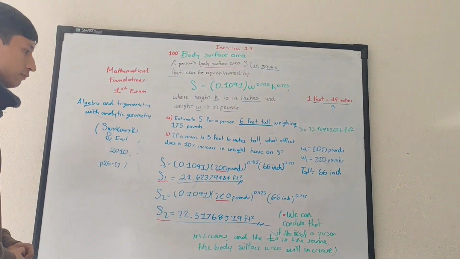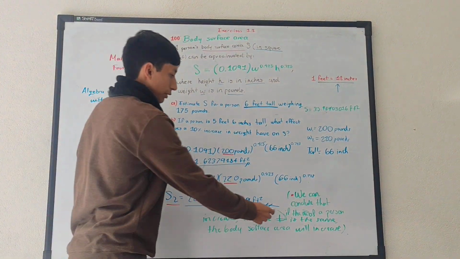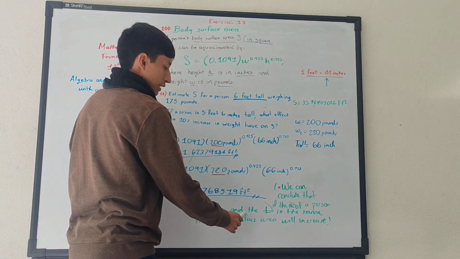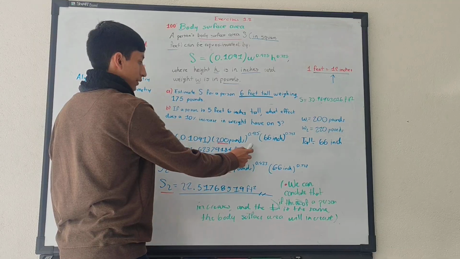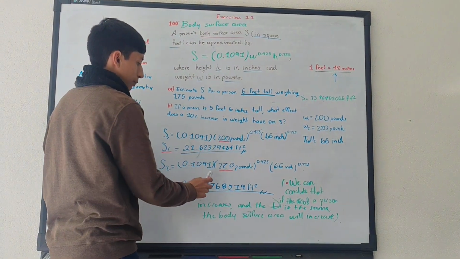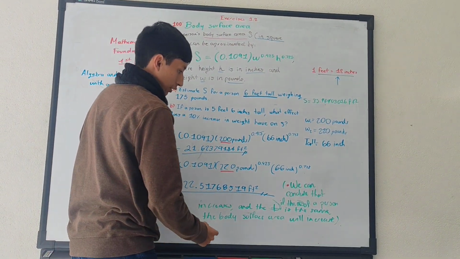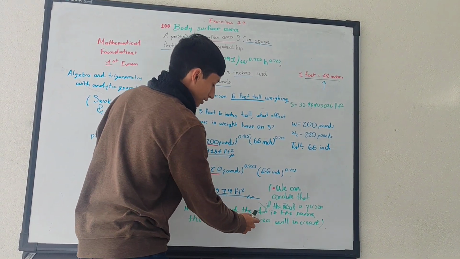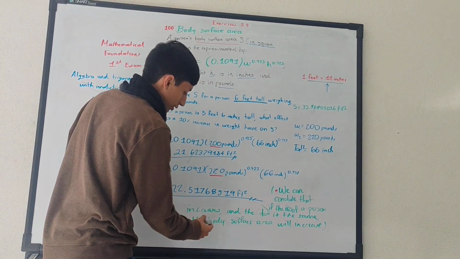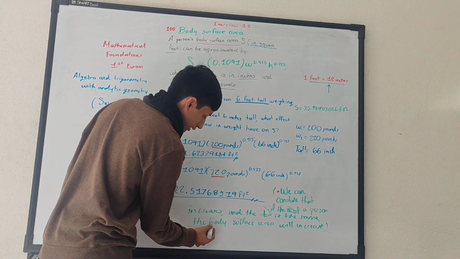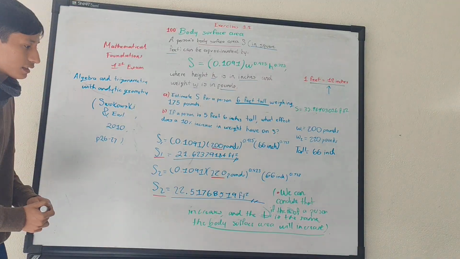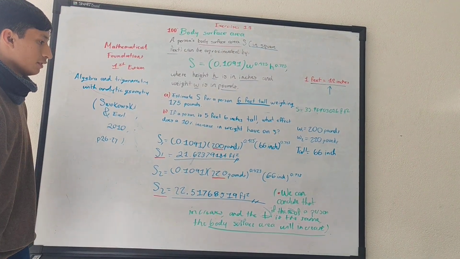So we can conclude that if the W of a person increases and h is the same, compared to if it were 200 pounds or 220 pounds, it doesn't matter. Well, it matters, but that is going to be the result of the increased surface area of the person.